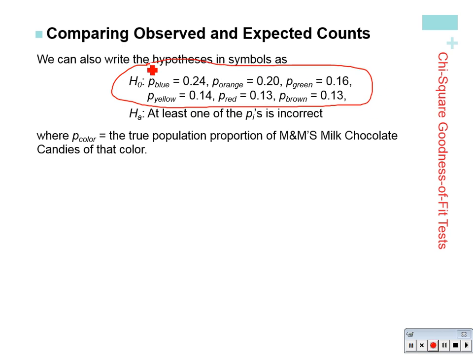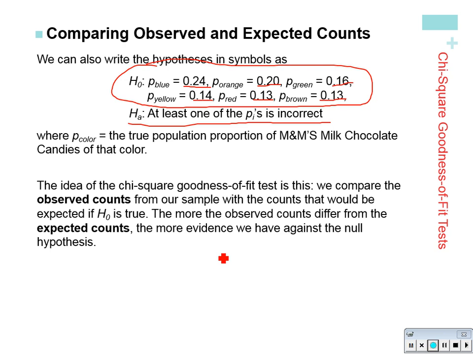This is what the Mars company claims is true for the color distribution of their M&Ms. They claim that 24% of the candies are blue, 20% are orange, 16% are green, 14% are yellow, 13% are red, and another 13% are brown. So the alternative for this would just be that at least one of those colors would be incorrect.